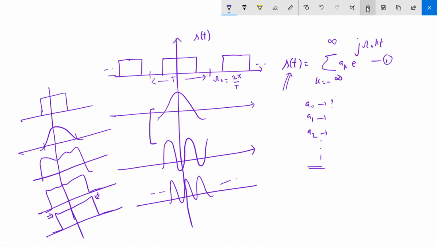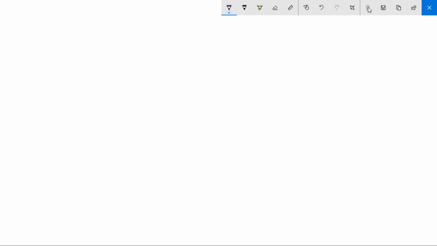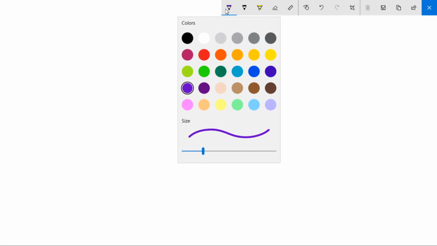So whenever we start the theory of signal processing or signals and systems, we always start from cosine and sine functions, sinusoidal functions, or complex exponentials, because they play a major role in signal processing theory. This is one thing. The second concept behind why we use complex exponentials is one more important concept that I will discuss.